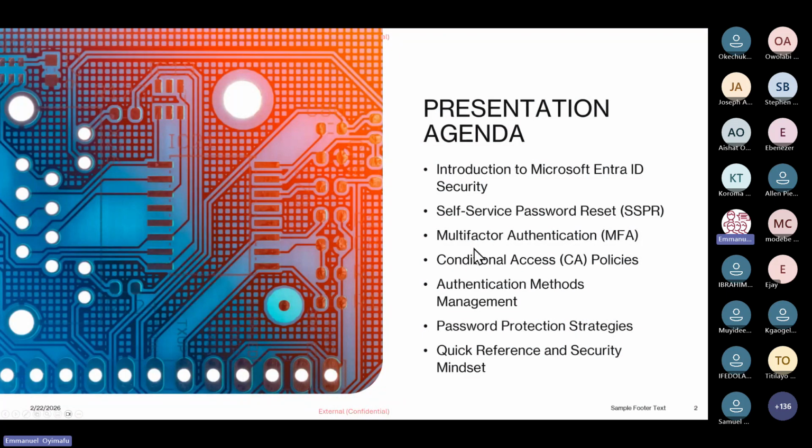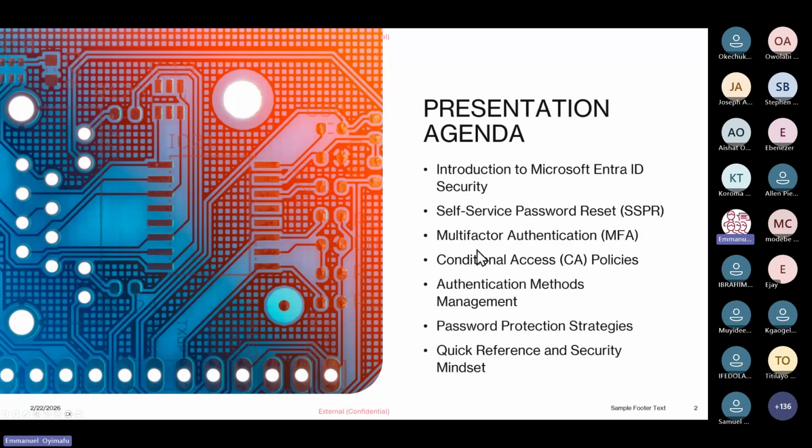I'll be explaining what MFA is, and I will also be explaining what conditional access policy is. And I will go further to explain the authentication methods and how we can manage authentication method. Then we'll also look at password protection strategies. And we'll now do a quick reference and security mindset. So this is our agenda for today.